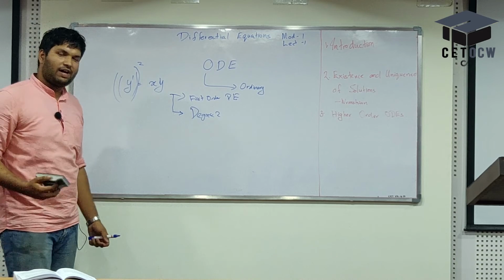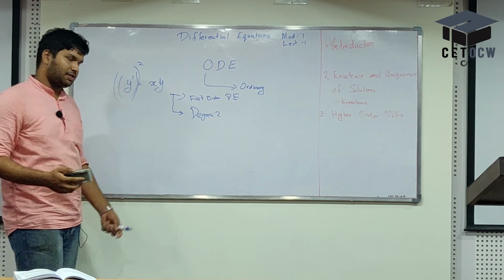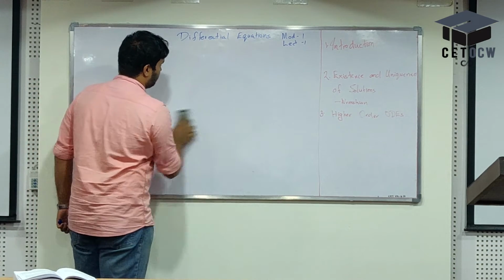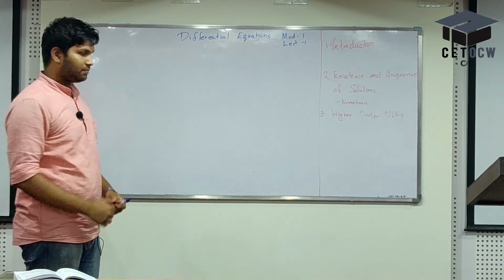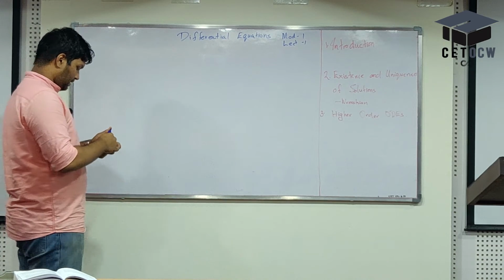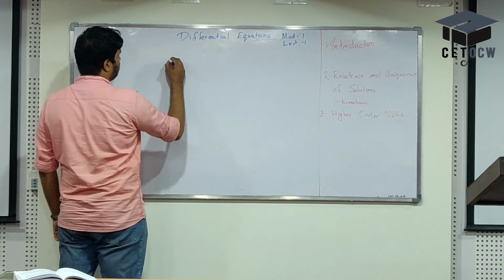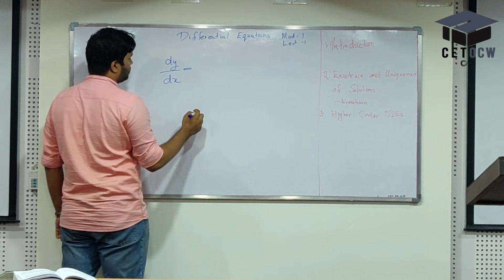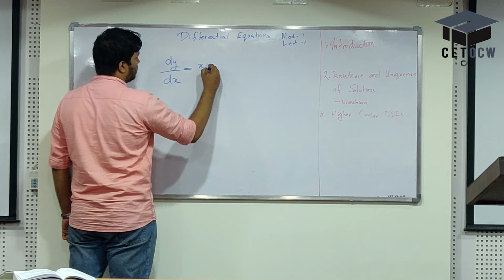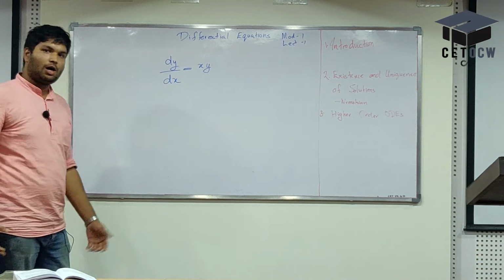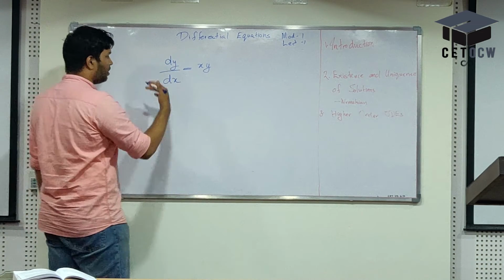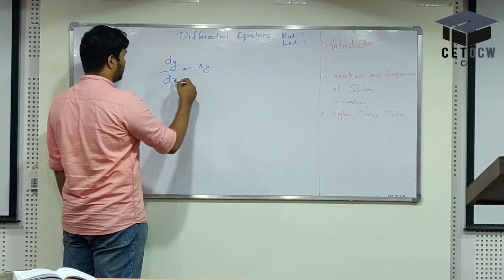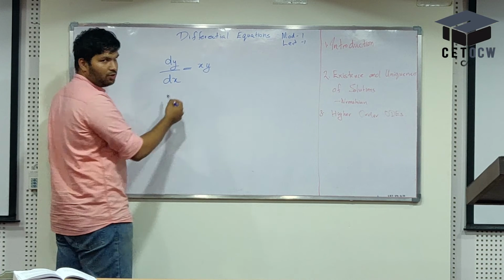So we know how to identify these differential equations, or I hope you know. We'll talk about a simple example. Let's say that dy by dx is equal to our old example xy. Now how do we solve this? We solve it by one of the methods, that is, we'll take dx here, we will bring down y.